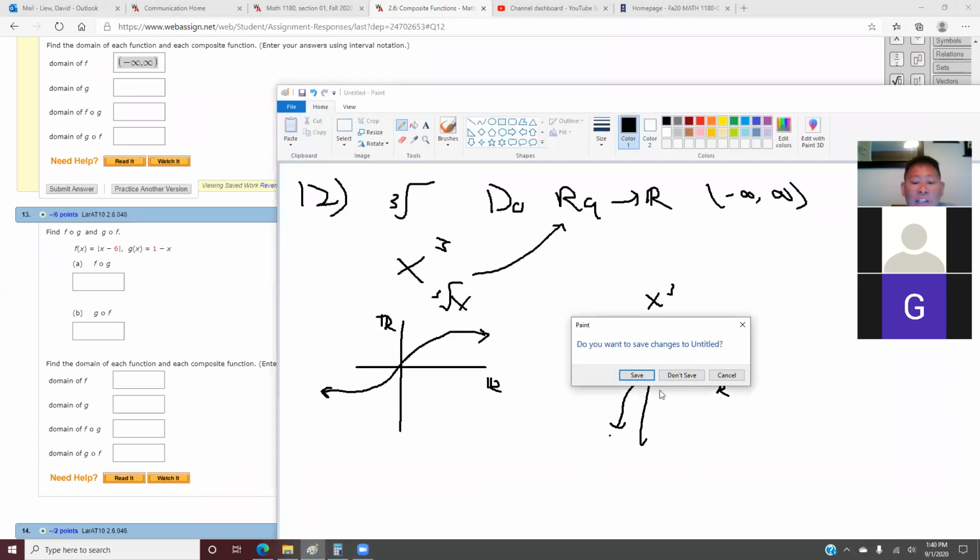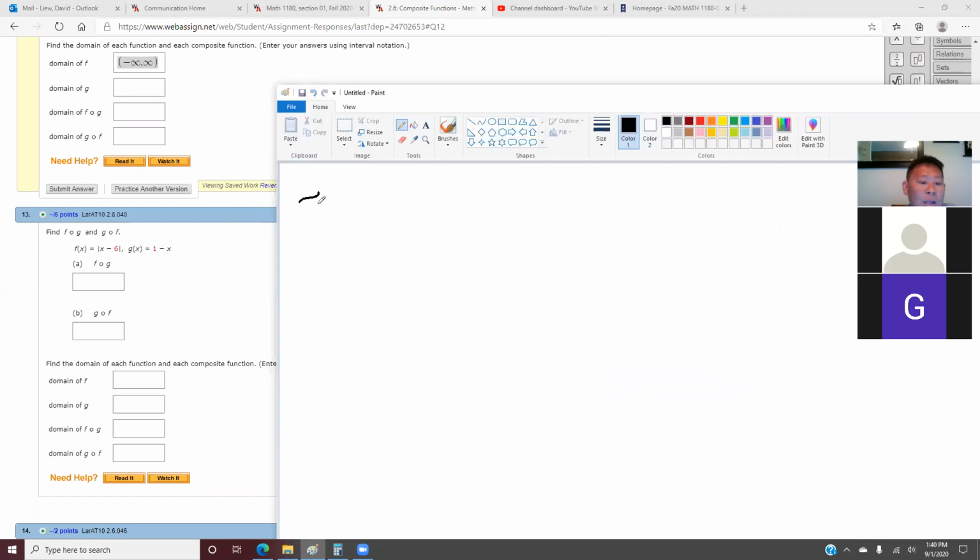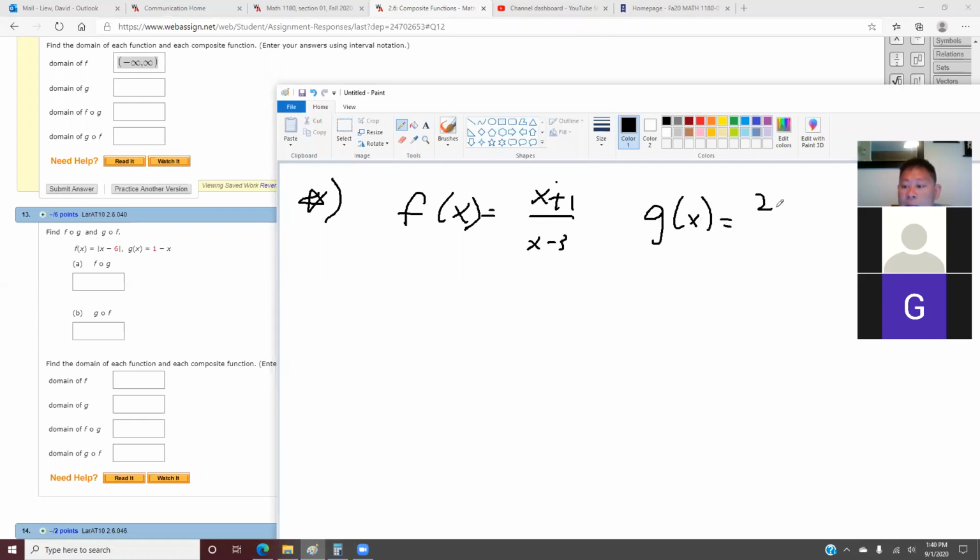I'll give you something that is not all real numbers. So let's say that your f of x in this case is (x plus 1) over (x minus 3), and g of x in this case is (2x plus 1) over (x plus 5).